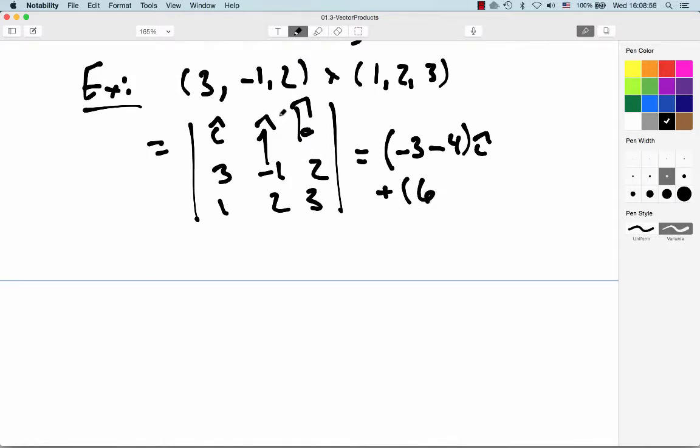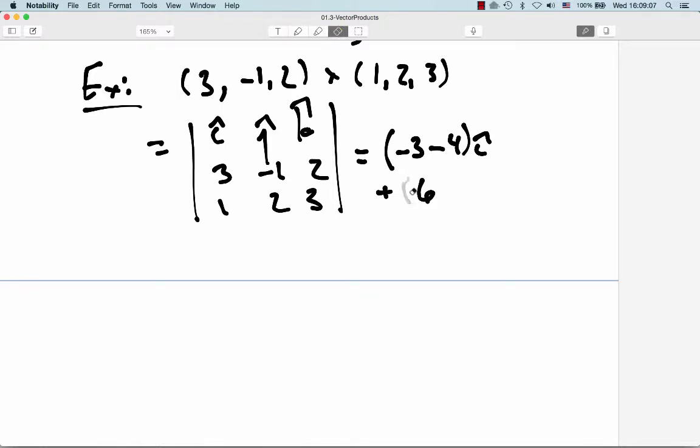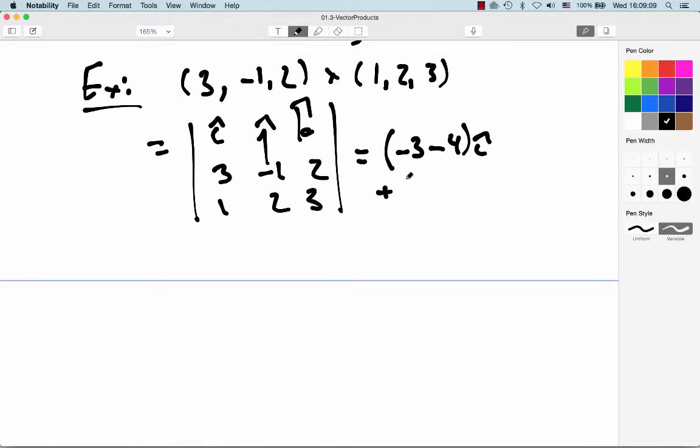I'm sorry, no, I was right the first time, 2. My apologies there. So j hat, plow like this. In fact, I'll mark off how I'm plowing, like so.